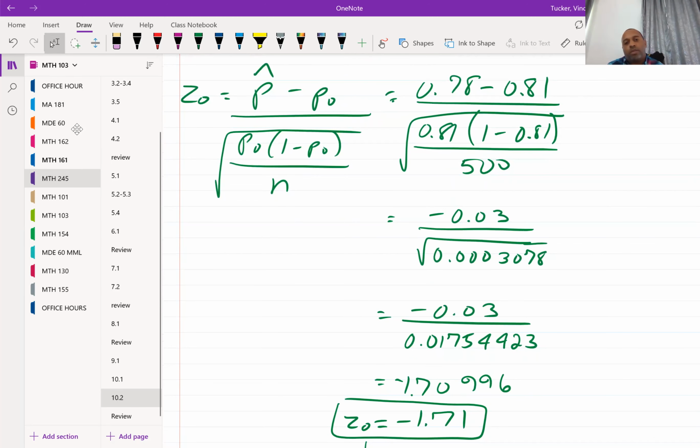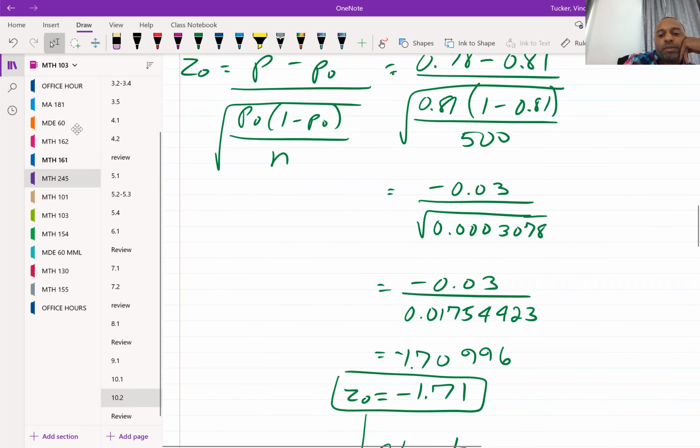All right, so doing the calculation, we end up getting negative 1.71. Any problems?